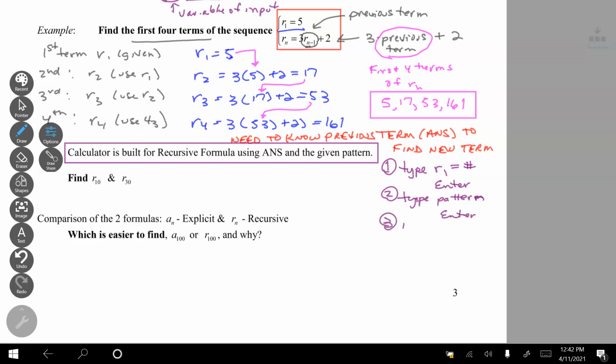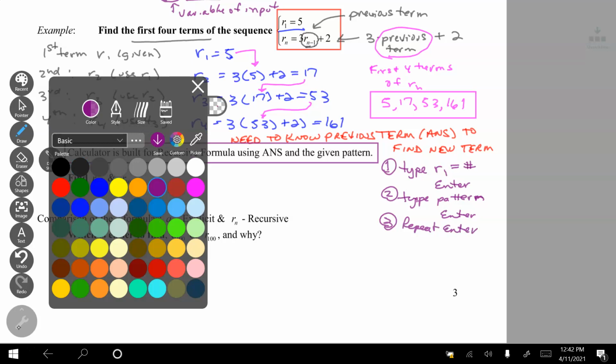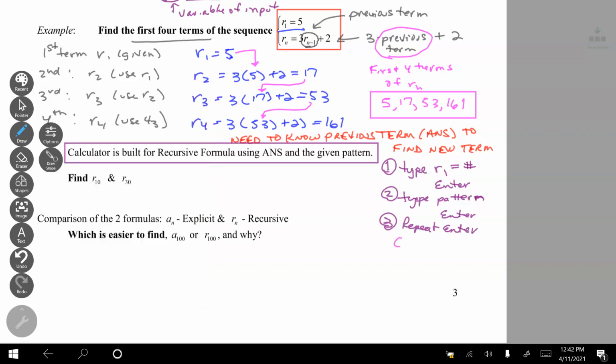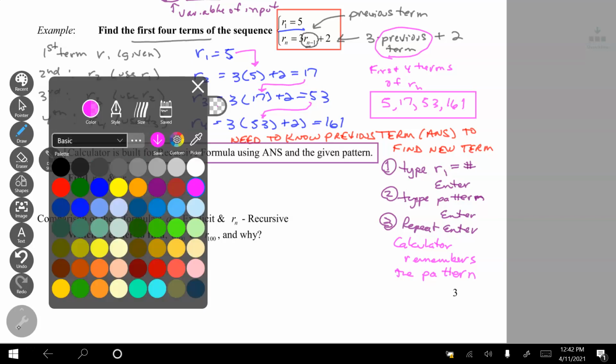And then I can just repeat enter, because the calculator has a memory. The calculator remembers the pattern. As long as you don't change the pattern, the calculator will remember that pattern that you developed.